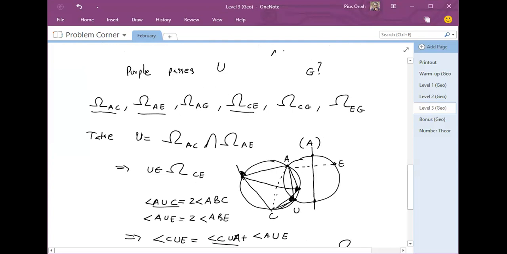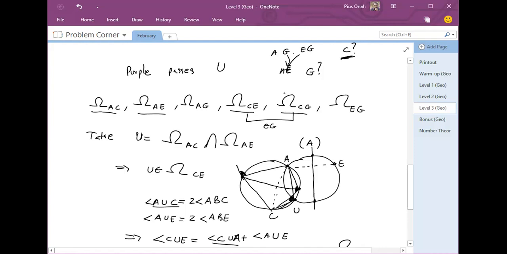If you started with, let's say, AG and EG, then the question will be, how does C come in? This will give A and E, but how does anything involving C come in? If we can get one of them coming in, then automatically we get everything. For instance, if this circle passes through the same U, then using these two, EG will also work.